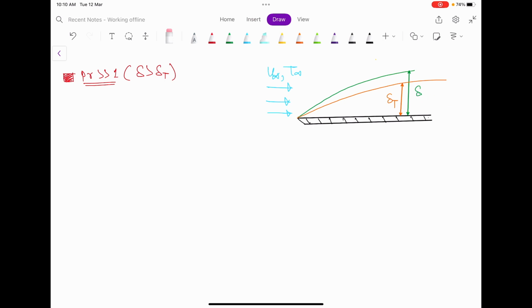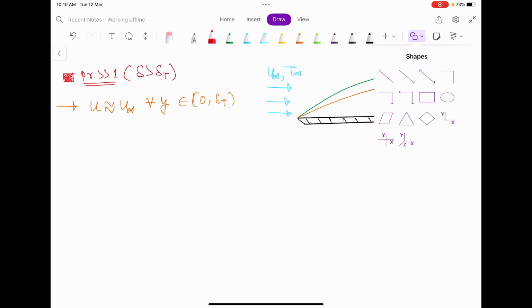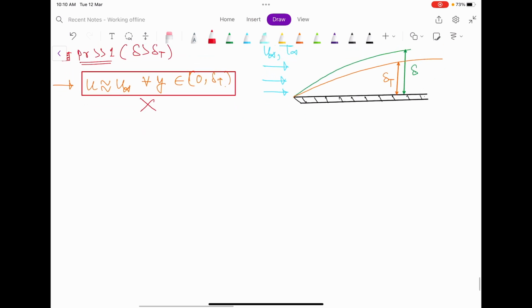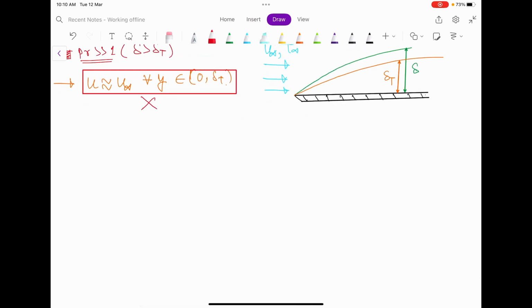Here the assumption that u is equal to u infinity for all y belonging to 0 to delta t will not work. Here it is wrong.